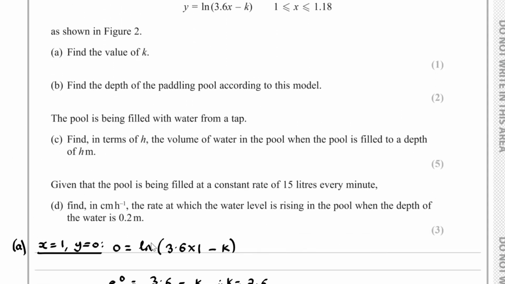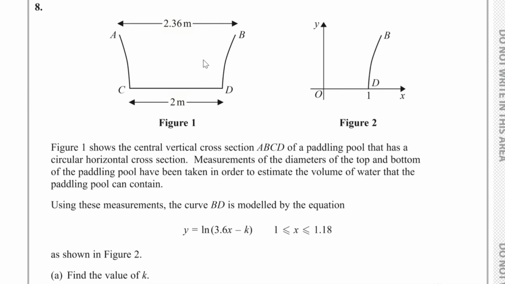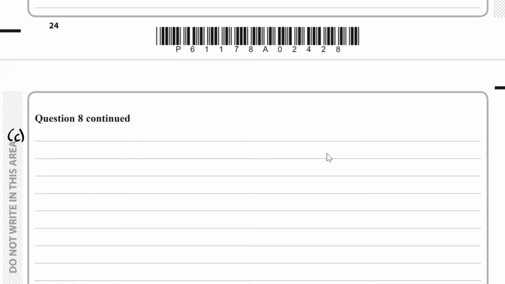For part C, the pool is being filled with water from a tap. We have to find, in terms of h, the volume of water in the pool when the pool is filled to a depth of h meters. Well, clearly, to make this shape, we have to rotate this line BD about the y-axis to find the volume.